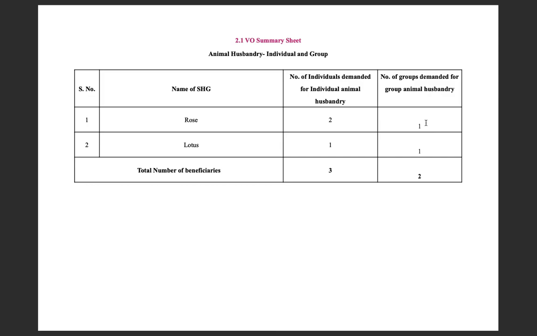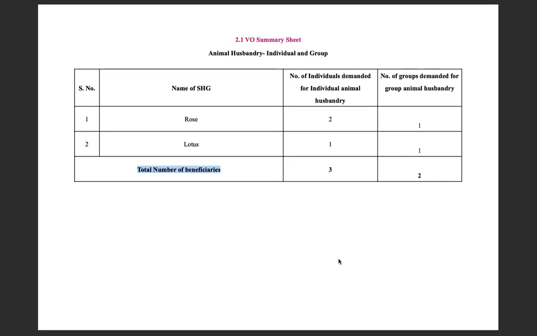That one group had 3 members who wanted to together take up animal husbandry. Similarly, in Lotus SHG, we saw that only one person was interested in taking up animal husbandry individually, and there was one group which had 3 members who wanted to take up animal husbandry. So the total number of beneficiaries comes about as 3 here and 2 here.